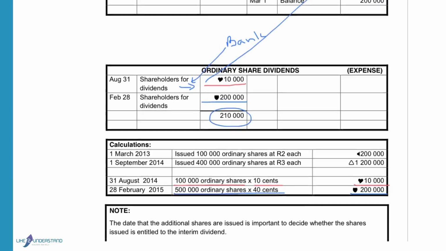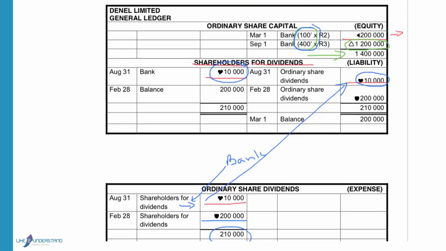Who do we owe the money to? To the shareholders. So that means that I will credit my shareholders for dividends with 200,000 to show that the total amount that's outstanding at the end of the year was 200,000. So the total amount that had to be paid to shareholders for the year is 210,000.